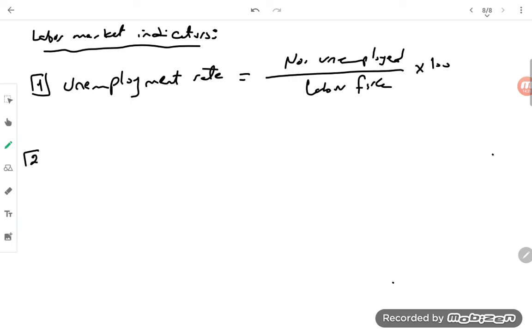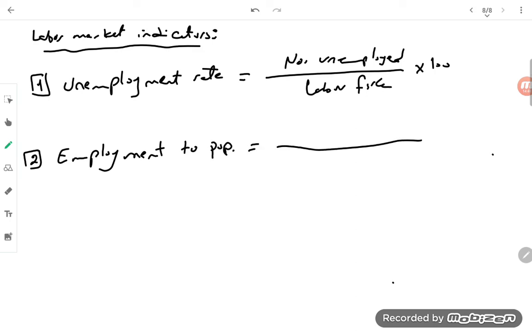Number two, employment to population ratio, and it's calculated as number employed divided by working age group multiplied by 100.